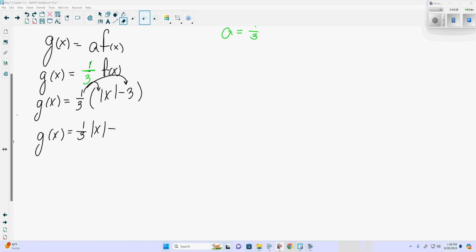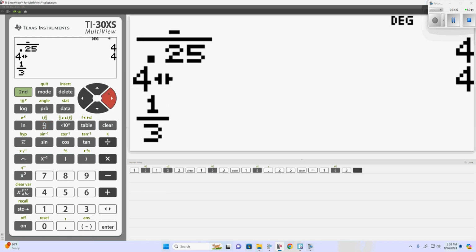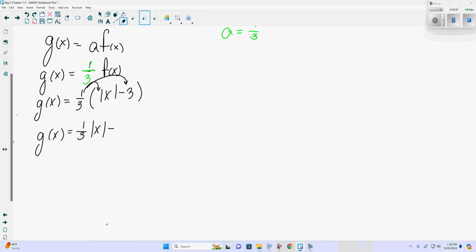And what is 1/3 times 3? 1. 1/3 times 3 is indeed 1. So we would have -1. So our new function with the vertical shrink of 1/3 is 1/3 times the absolute value of x minus 1. And that's it.